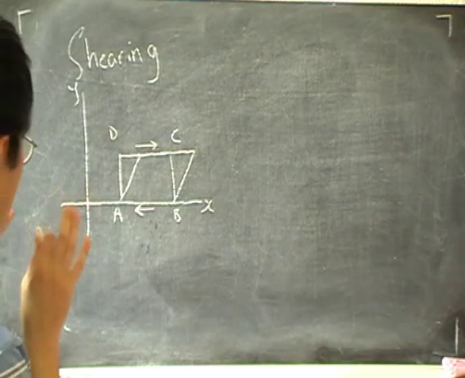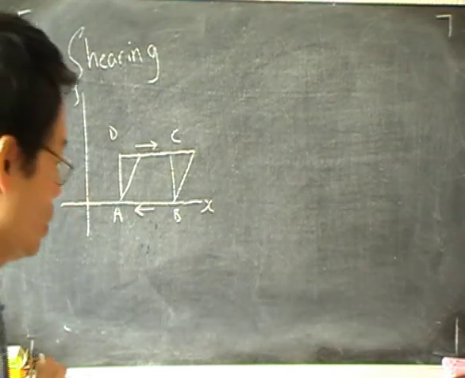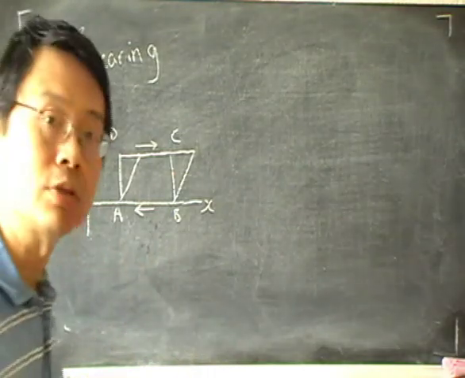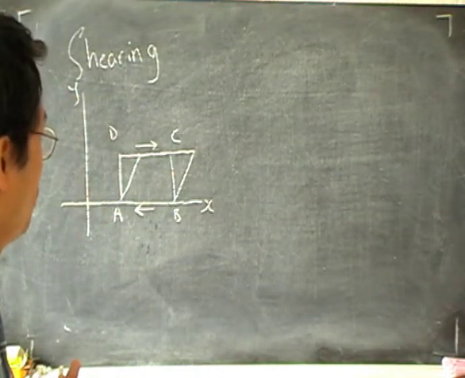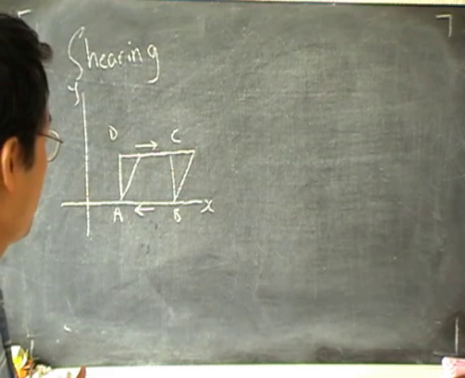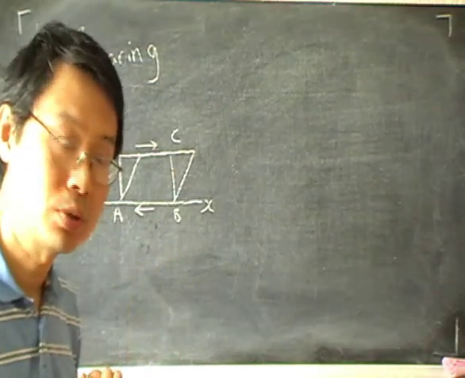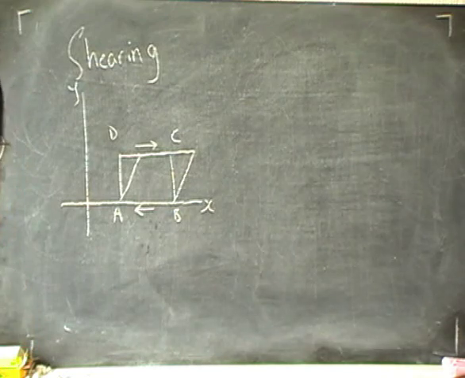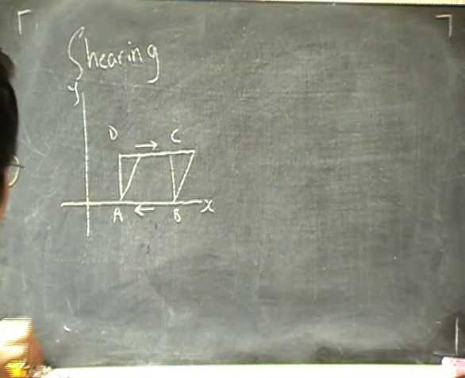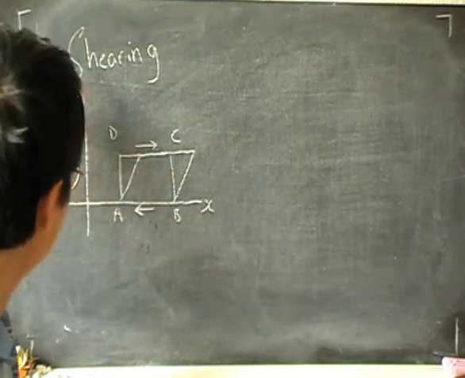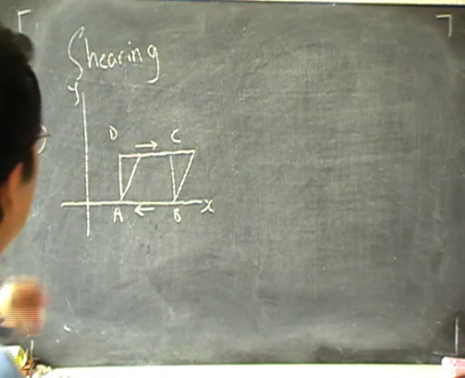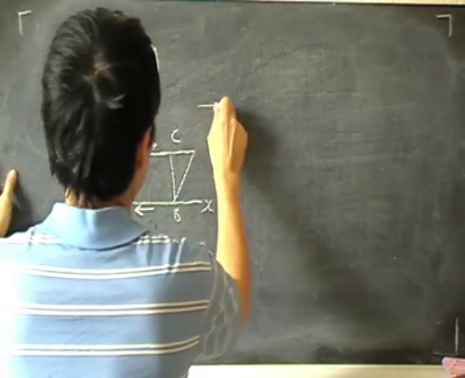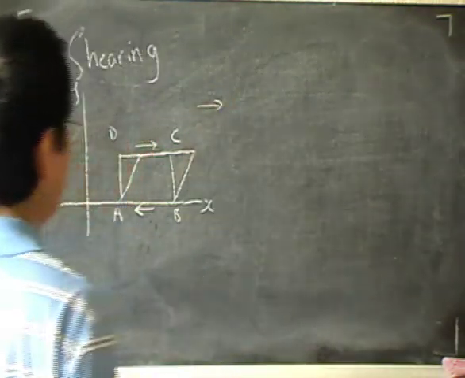Now in mathematics, we think of a shear transformation with one or two simple rules. So for example, if I think of a shear transformation on a figure in the xy plane, this would be a shear in the x direction, for example.